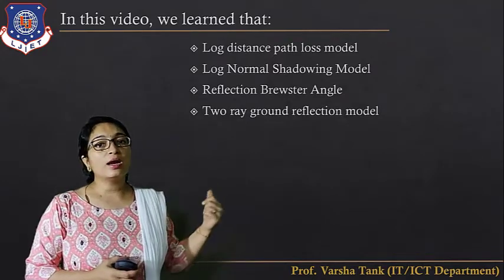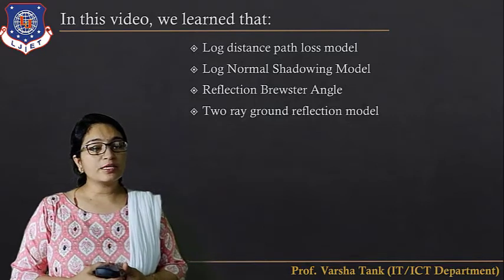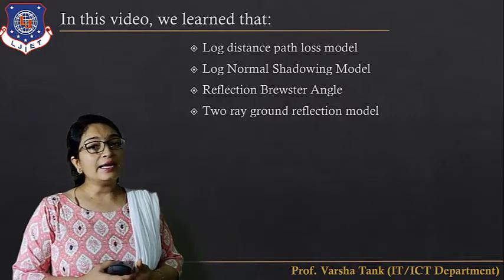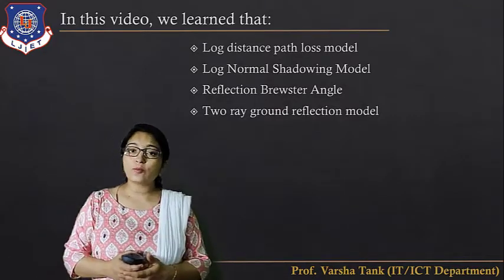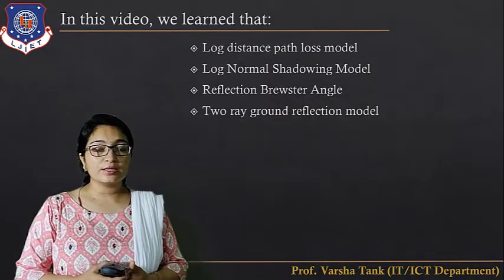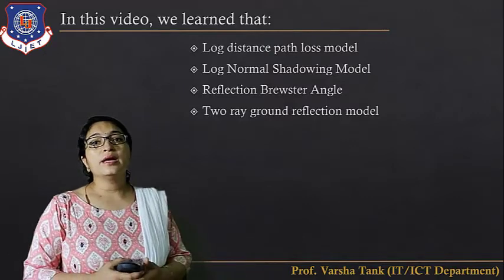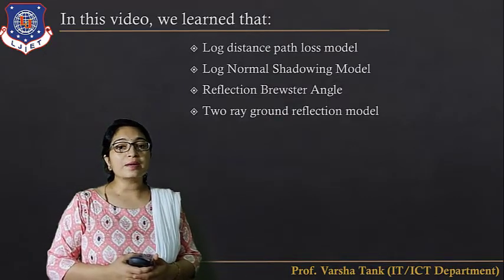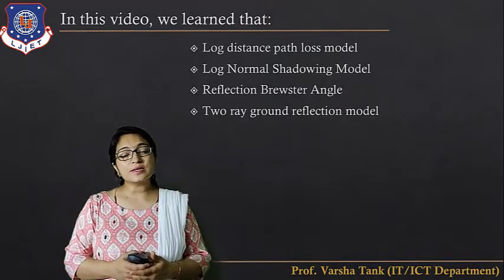Then we learned about the Brewster angle, what it is and how we can define it. And in reflection, we have seen the two types of polarization, the vertical polarization and the parallel polarization. Then the two-ray ground reflection model, that is the multipath propagation model.